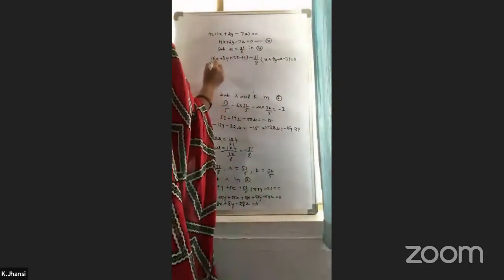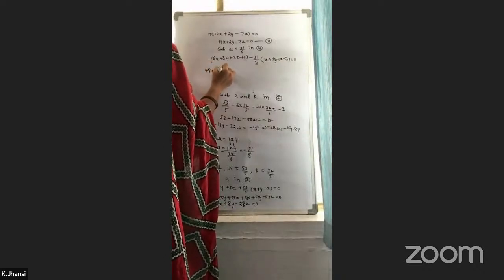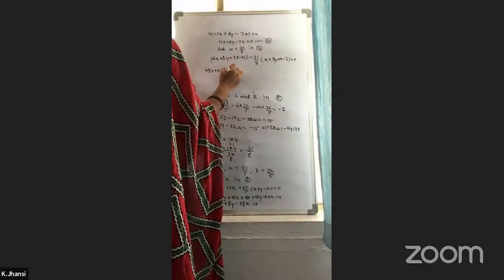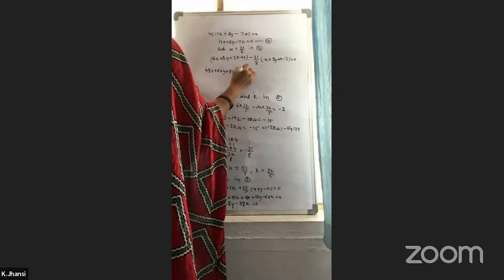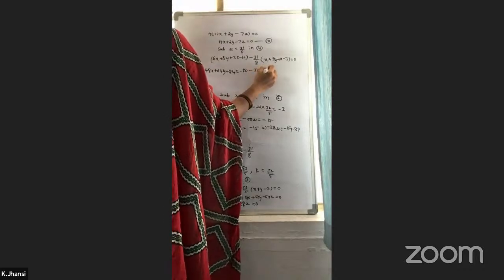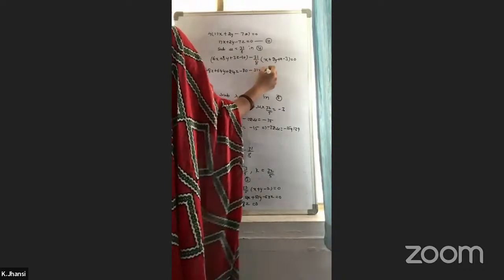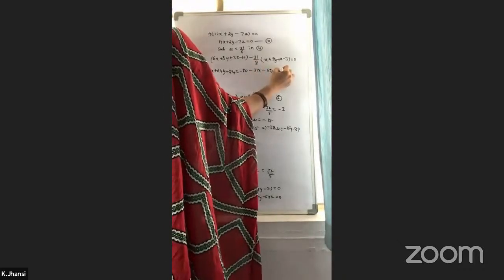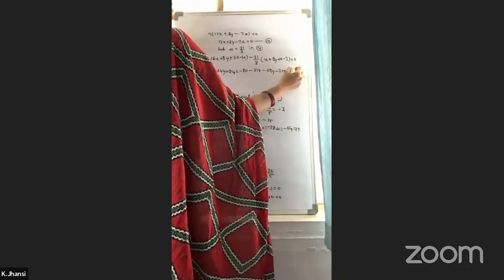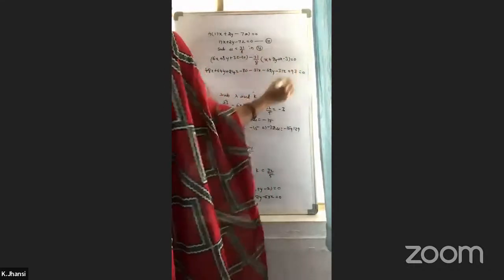If you cross multiply this one, 6 8s are 48x, 8 8s are 64y, plus 8 3s are 24z, minus 80, minus 31x, minus 62, minus 31z, minus 3 3s are 9, 93 equals 0. Minus into minus will become plus.